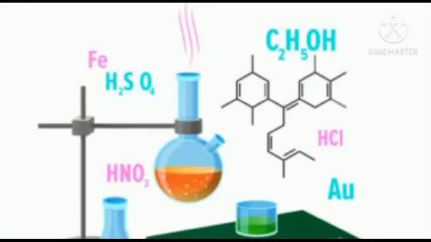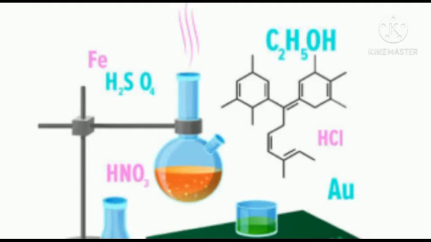That is, the mass of substances before and after the chemical reaction or chemical change remains the same. This is possible when the total number of atoms of each kind remains the same before and after the chemical reaction.